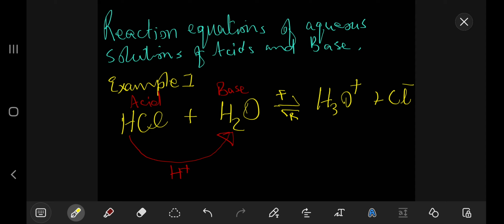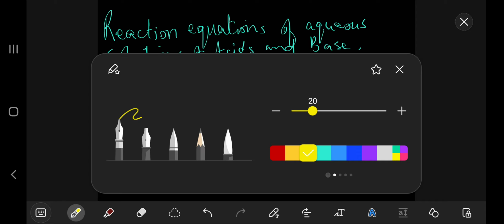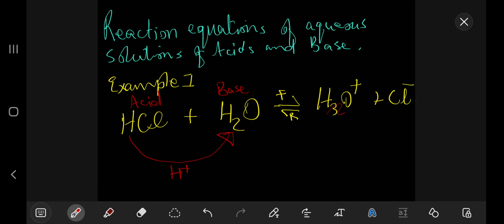So as we identify a base and acid on the right hand side, we know that H3O plus is definitely an acid, because acids are classified by these hydronium ions. So it means automatically the second one should be a base, right? So that is the first reaction we did using hydrochloric acid put in water, right?